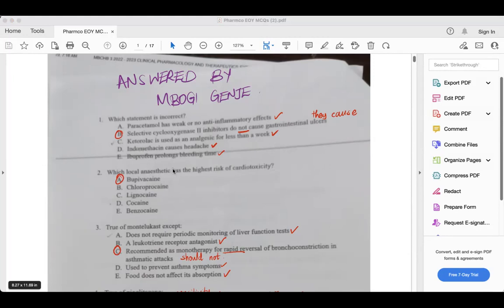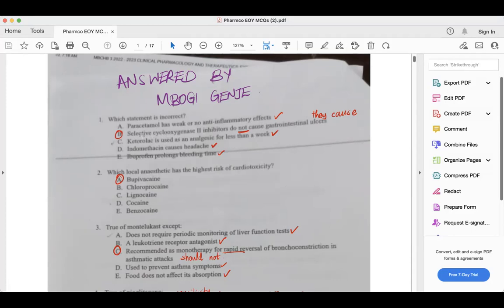The classification is a para-aminophenol derivative, and it has weak anti-inflammatory action. Because of this, some texts don't classify it as an NSAID. It's not technically an NSAID because it has little to no anti-inflammatory action, but it's just placed under NSAIDs for formality. So here, choice A is true.